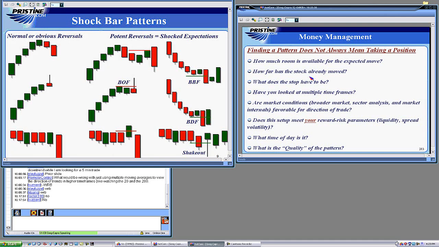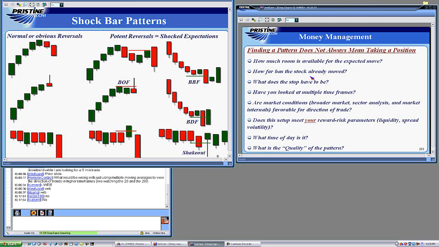I would say, well, why didn't you buy it on the pullback? And they would say, well, it looked weak at the time, or someone was on the offer. And I was like, well, of course it looked weak. It was pulling back. But the idea is the overall trend and bias is to the upside, and it should go up, so you enter.